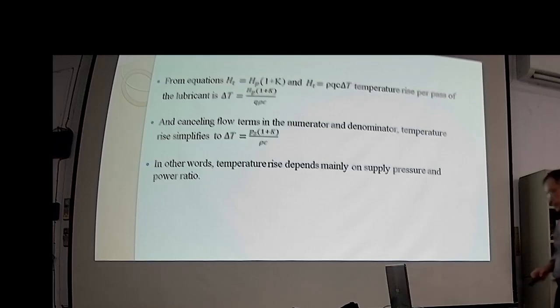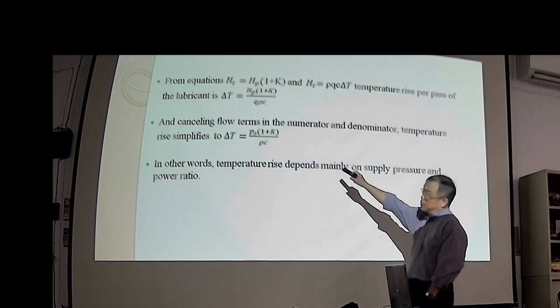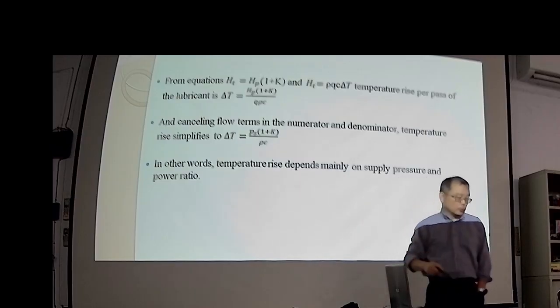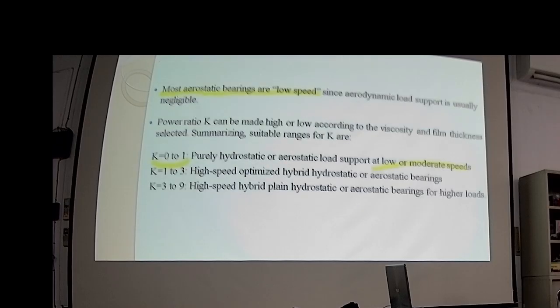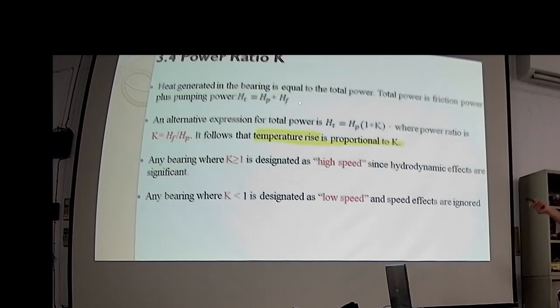So the pumping power and the friction power calculation is very important because we want to know the total power generated from the hydrostatic bearing system, so that we can design or choose a correct refrigerator in your pressure supply system to cool down your oil loop.